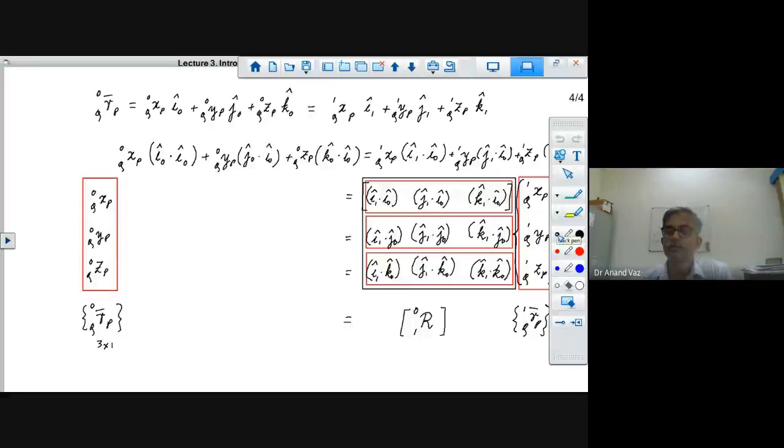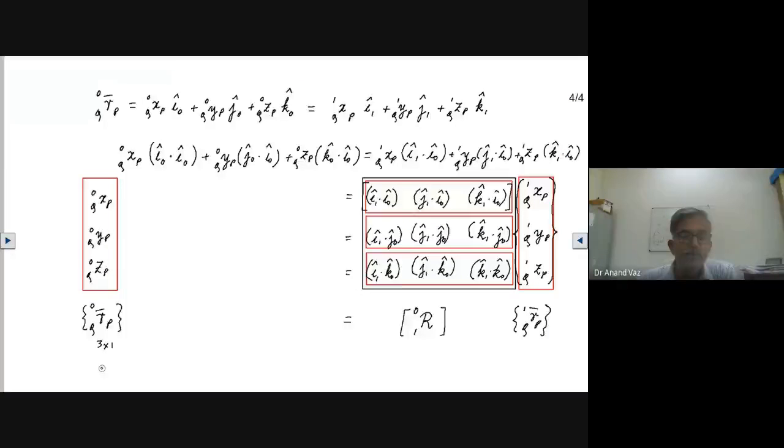So here, suppose on the left hand side we have the position vector expressed in frame 1, how is it related to the position vector in frame 0?